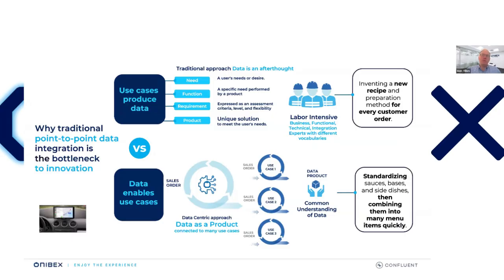The way that we do things, it's very important to talk about hyperconnectivity. A lot of organizations will start with a use case that produces data. In other words, I want to connect one application to another application. I talk about that as you see the GPS logo down there.